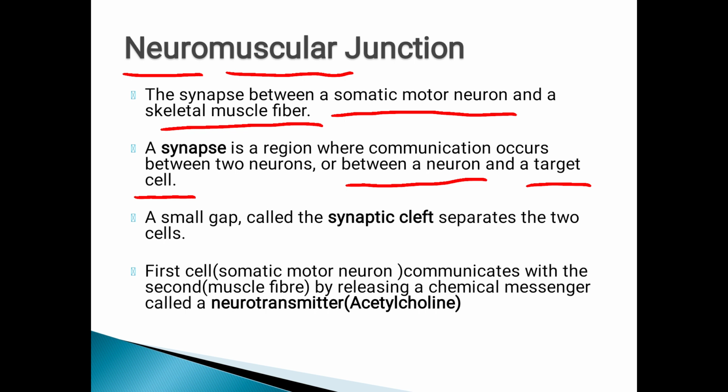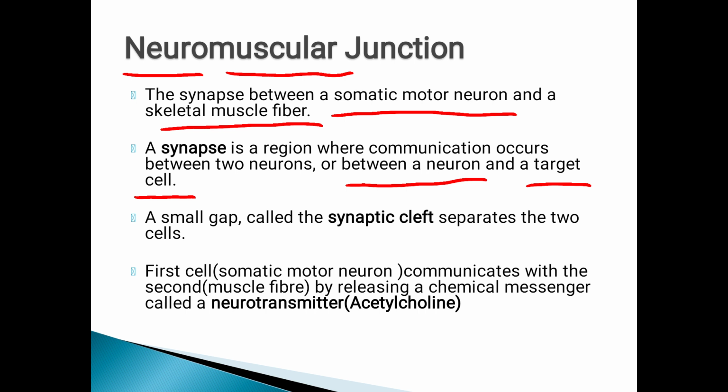The first cell, that is the somatic motor neuron, is the neuron that brings impulses from the brain. So the signals that we need for muscle contraction, who brings them? The somatic motor neuron. It communicates with the second, that is muscle fiber.